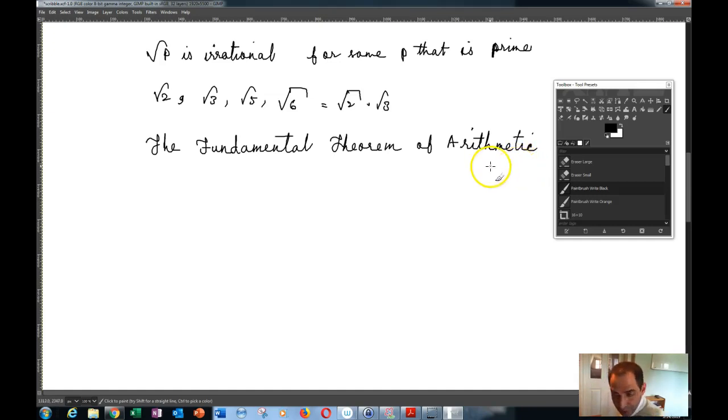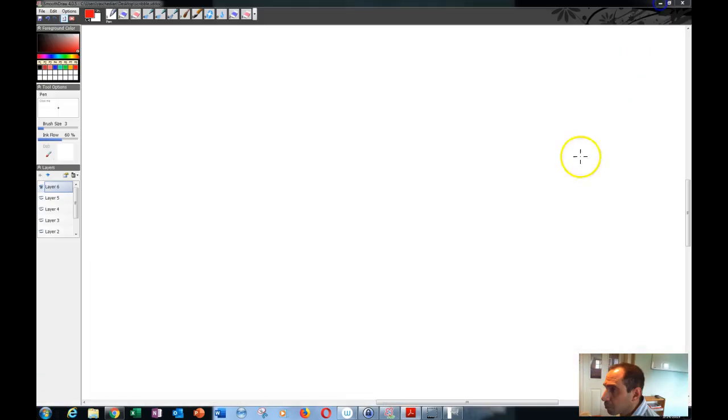Okay, so now let's go to the Fundamental Theorem of Arithmetic, see what that is, and then we will get to the rest of the things that we have here. Now, this Fundamental Theorem of Arithmetic is actually a very simple idea, and the idea we actually started with.